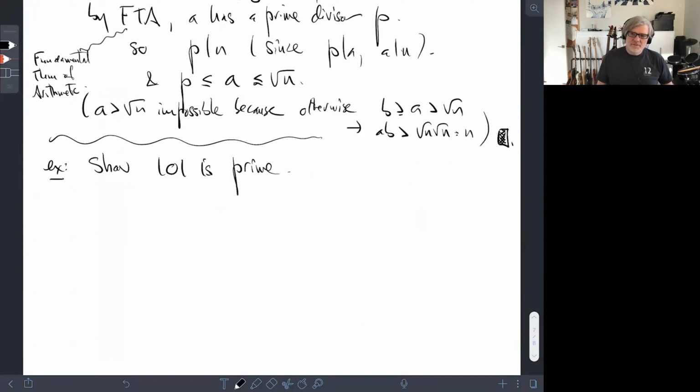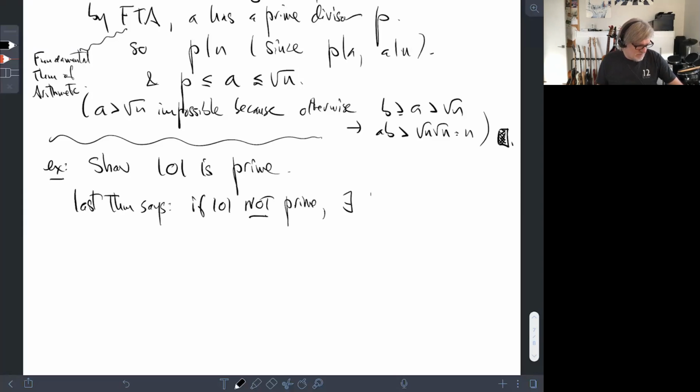The last theorem says if 101 is not prime, there exists a prime p that divides 101, with p less or equal to root 101. So if you're not prime, you have a prime divisor at most root of your number.